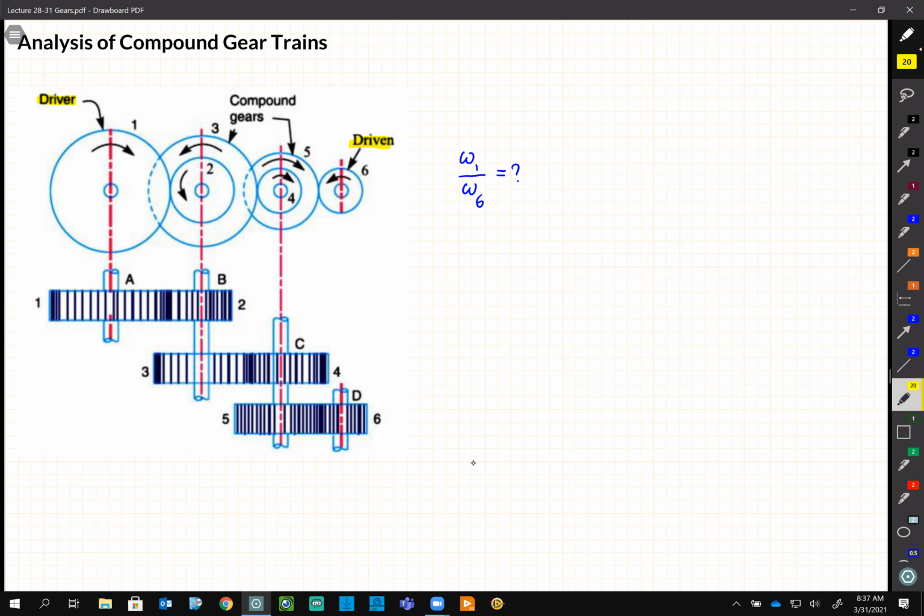This one shows both the circle one and the cross section one. And by the way, the compound gears can be spur gears like this one, or they can be helical gears, where the teeth have an angle. And they can even be beveled gears.